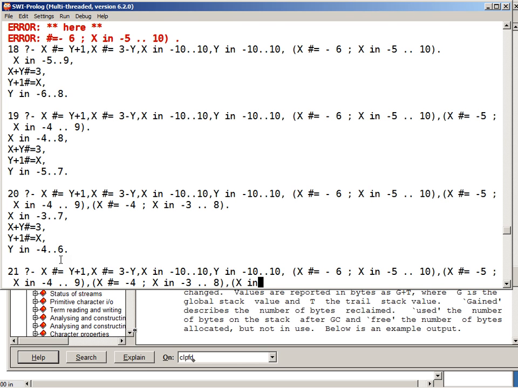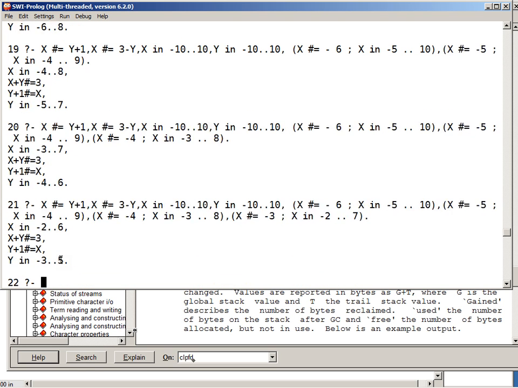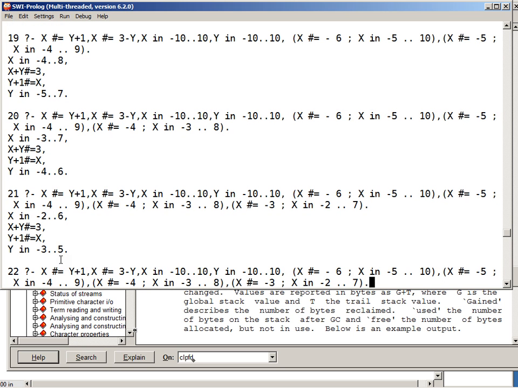And the interesting thing is, how many of them do we need? Minus 3 or x in minus 2 and what's now there, 7. So more shrinkage. So you see, every time I shrink the left-hand side, the system derives that the right-hand side interval should shrink as well.